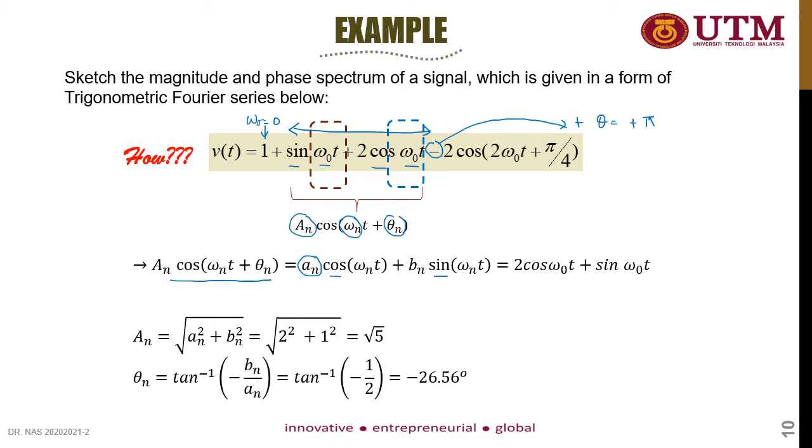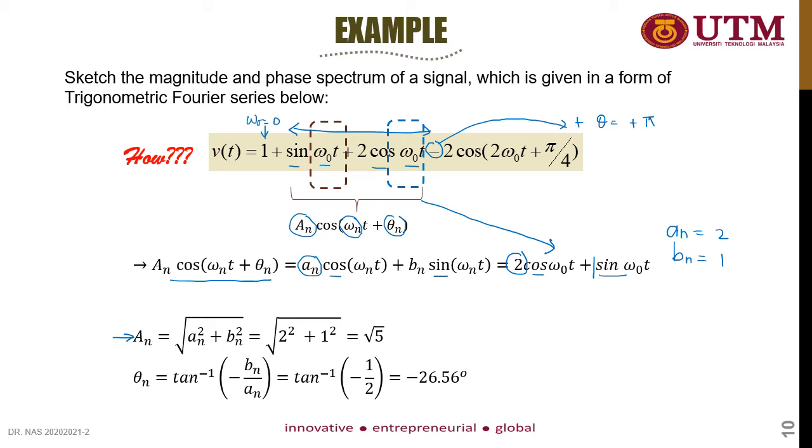So let's compare the general equation with the equation you have. For the cos function you have an, so in this case, an equals 2. For the sine function you have bn, so bn in this case is 1. To calculate the amplitude An, it is the square root of an squared plus bn squared.